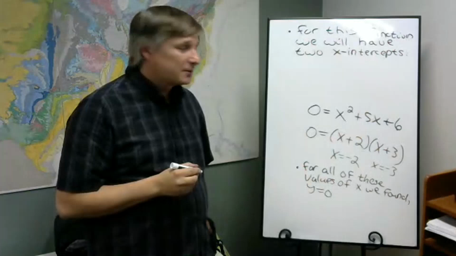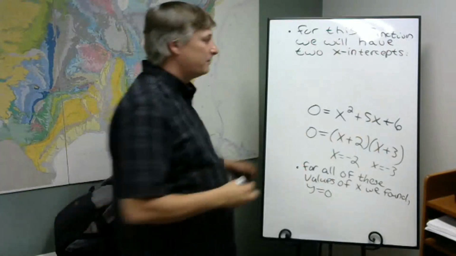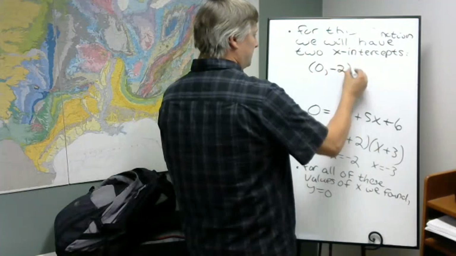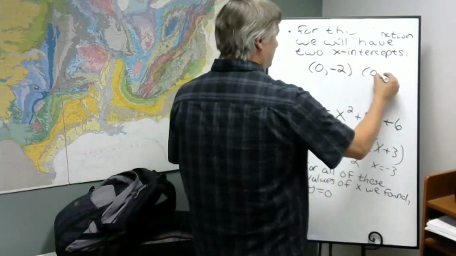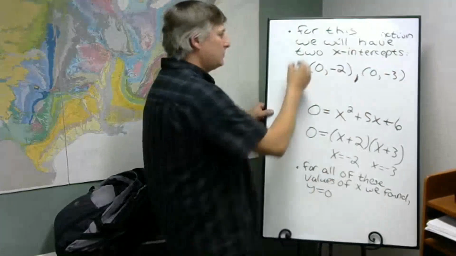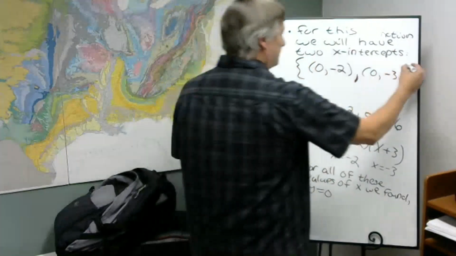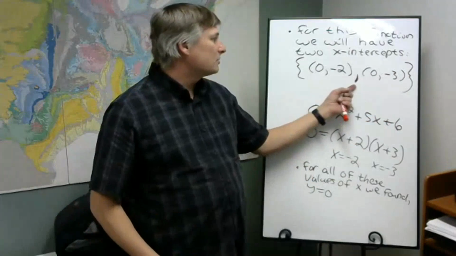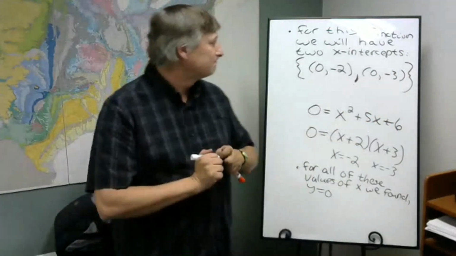What they'll be is y is 0, x is -2, and y is 0, x is -3. And oftentimes what they'll have you do is put these 2 points in a set and separate the points with a comma.